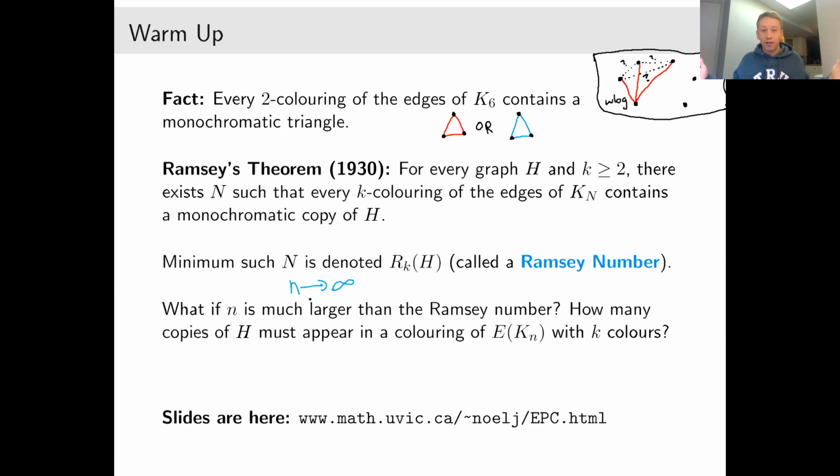So n is very, very large, and we color the edges of K_n with k colors. By Ramsey's theorem, you know that there must be at least one monochromatic copy of H, and we want to know how many there must be. How many monochromatic copies must you have in a coloring of a large complete graph? Any questions about this so far?